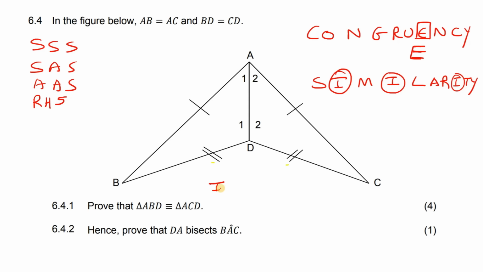Now, what's the third one? Because remember, we need three things. Well, that's actually quite easy. Check this out. This line is actually a boundary between the two triangles. So if we had to pull the two triangles apart, you would get something that looks like this. That would be triangle BAD.